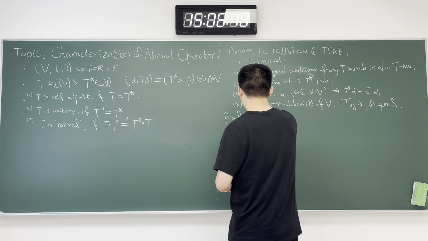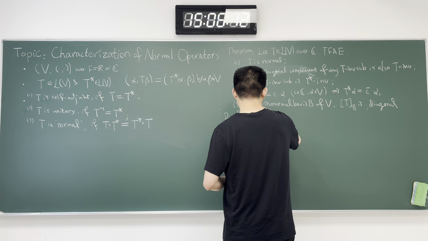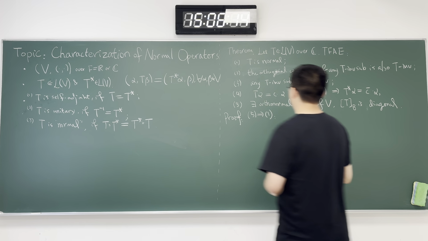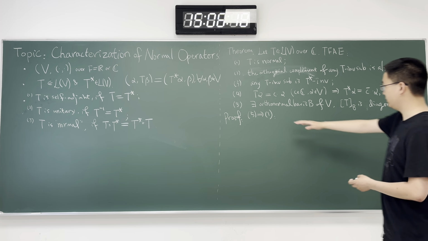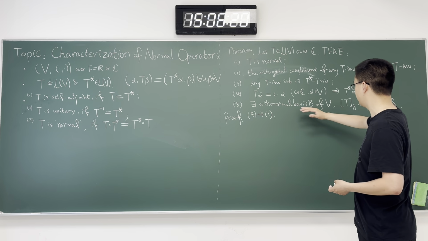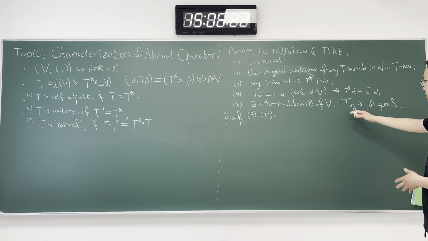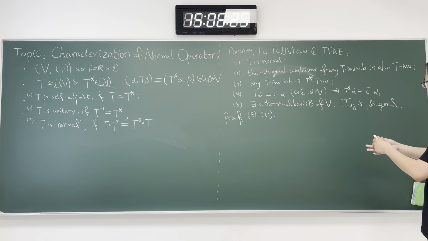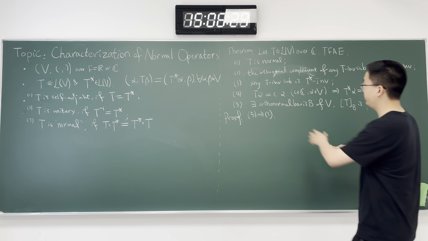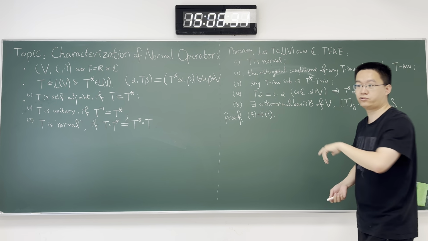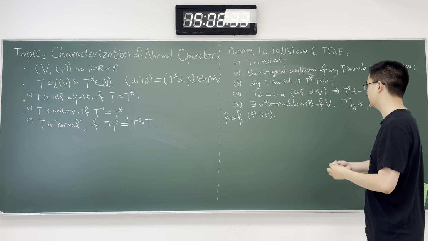So 5 implies 1 means that if there exists an orthonormal basis B of V such that with respect to this basis our matrix representation is diagonal, then we may check the normality of this linear transformation just under this basis.